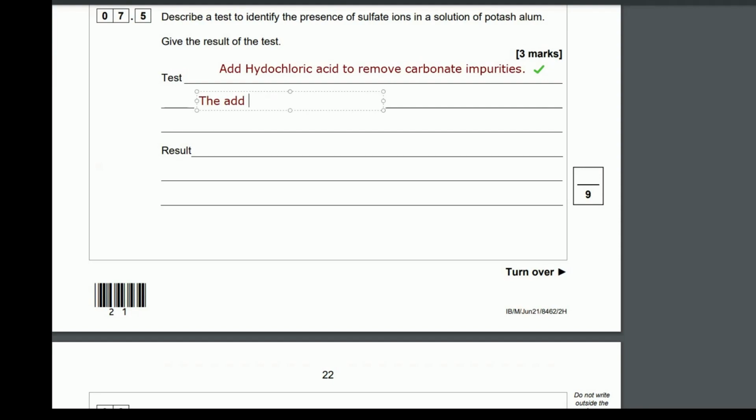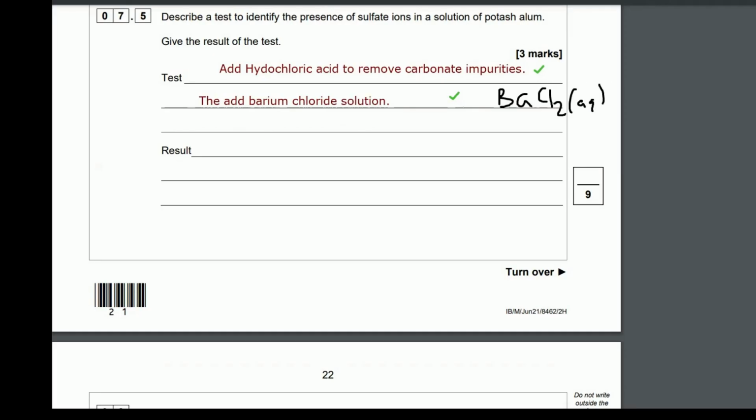Then add barium chloride solution. So then you're going to add some barium chloride solution. It's going to give us another mark. And the formula for that is BaCl2(aq).